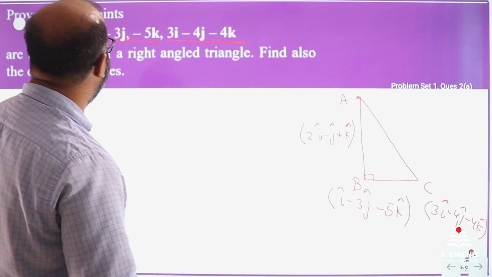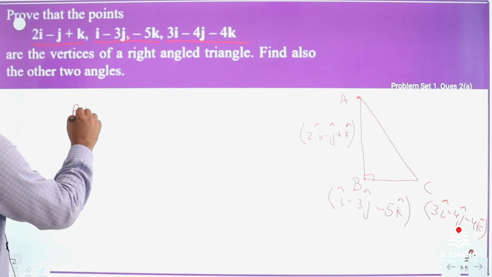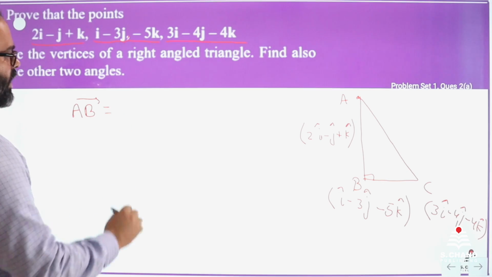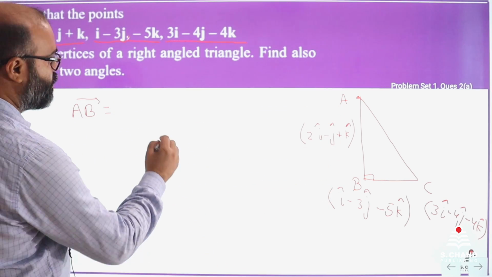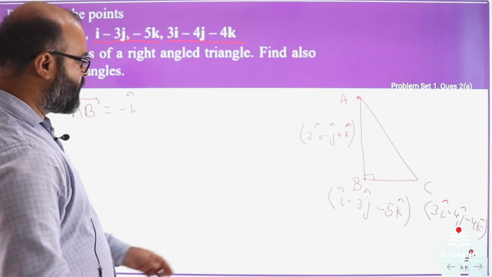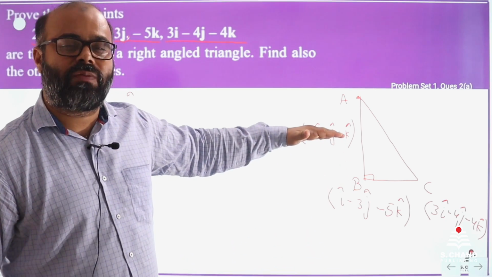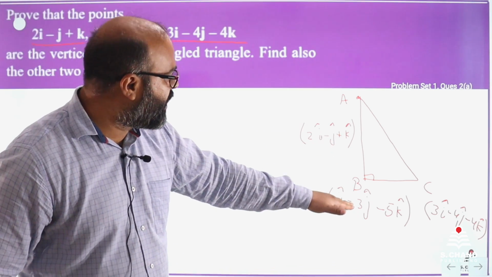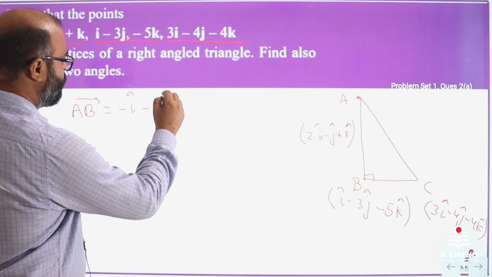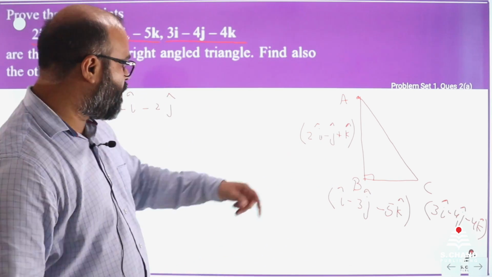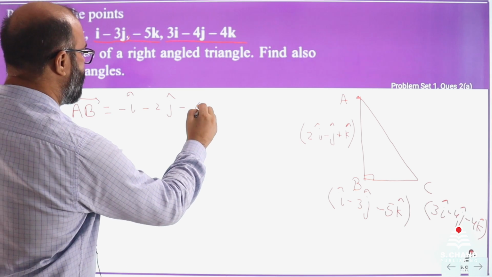Now what we have is the AB vector. AB vector is B position vector minus A position vector, OB minus OA. So that is minus i cap, minus 3j cap plus j cap, that is minus 2j cap, and minus 5k cap minus k cap, that is minus 6k cap.